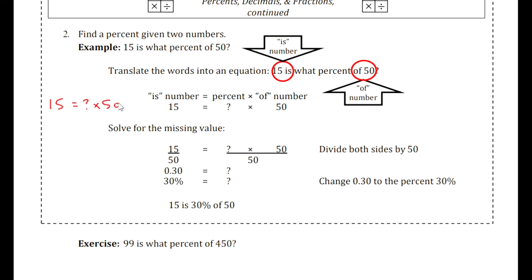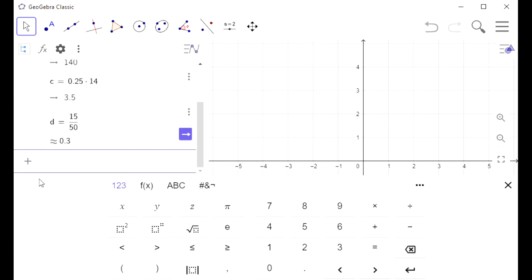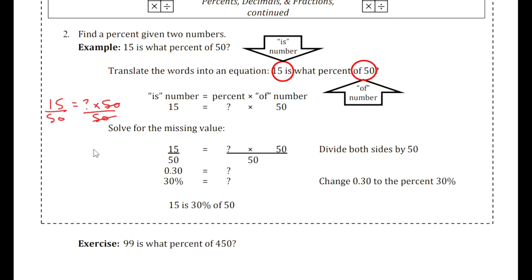And now we'll solve this equation for our unknown. So we'll divide both sides by the 50. 15 divided by 50 is 0.3. 0.3 is our unknown, but we want to express it as a percentage, so we'll move the decimal 2 units, not to the left like before, but 2 units to the right because we're turning it into a percentage.